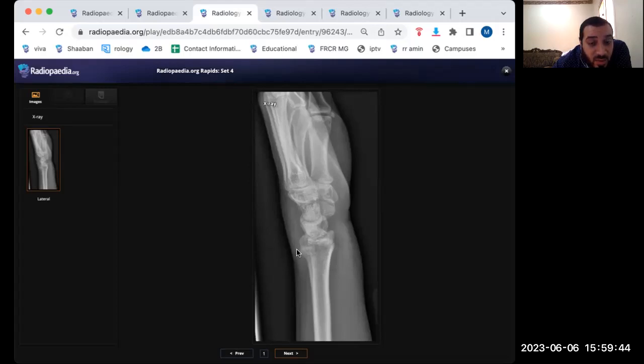The normal distal radius should have a line oblique to the anterior side. Here, if we draw it, the line is horizontal or more or less oblique to the ventral, to the dorsal aspect. So it is fracture. You can go back to eagle eye to see more images for these abnormalities.